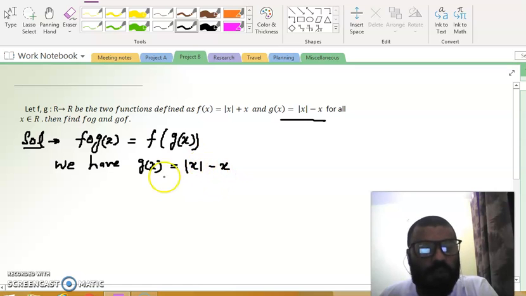So we put this value in the function f(x).